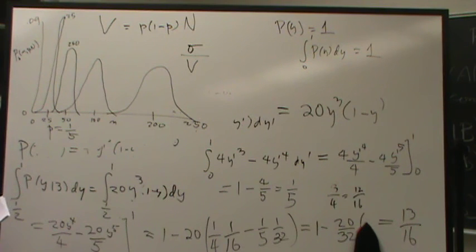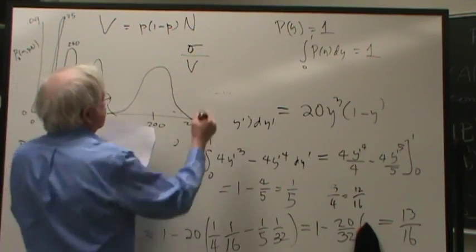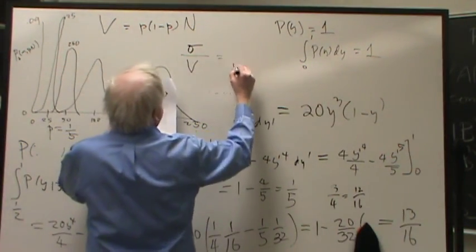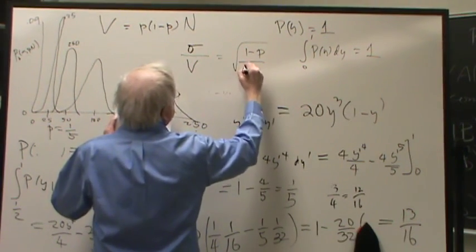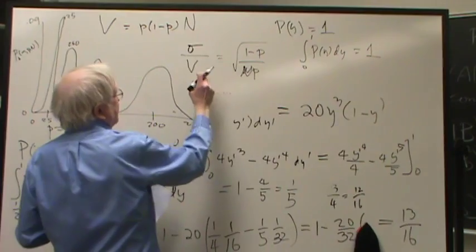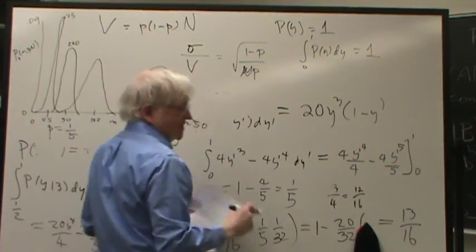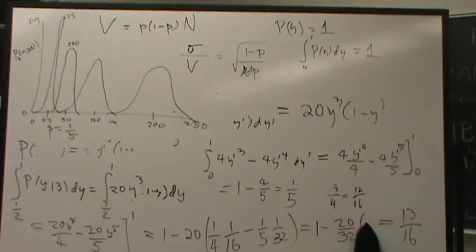I just have to get out of this chair somehow. Yes. Okay. So this, of course, in fact, is the square root of (1 minus p) over Np. So this does decrease, but that's just because sigma is the square root of V. V is increasing, so the square root of V is increasing more slowly.